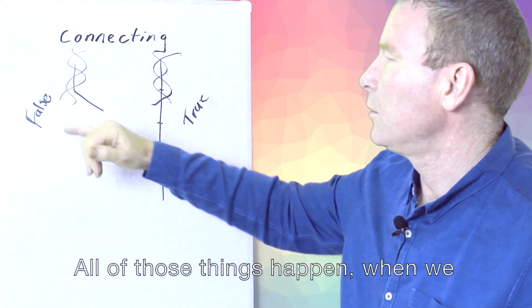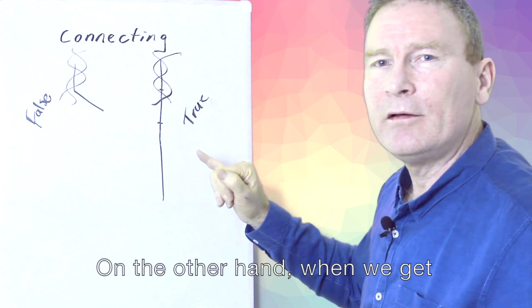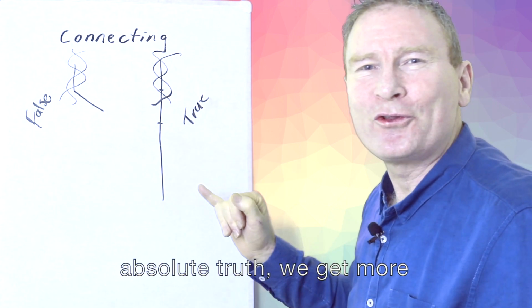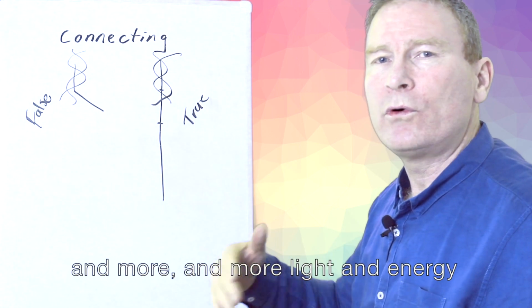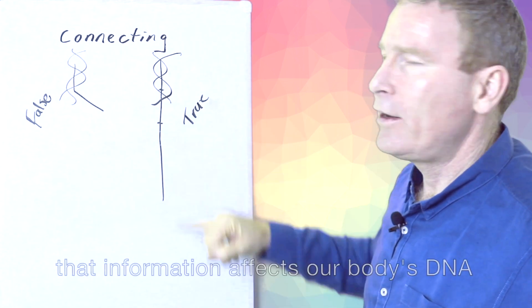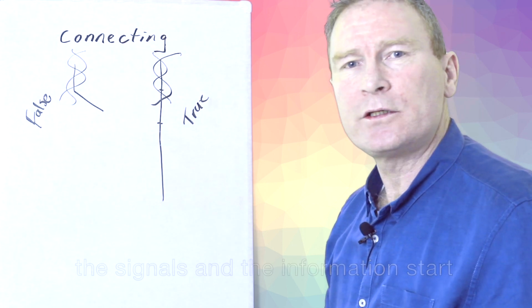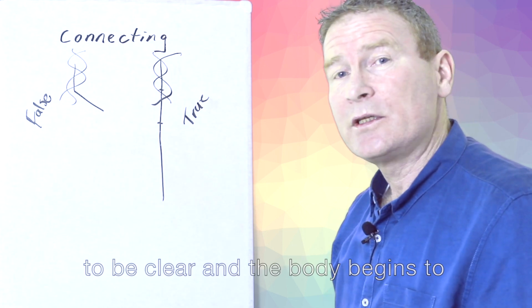All of those things happen when we start believing things that are false. On the other hand, when we get absolute truth, we get more and more light and energy in our bodies. And of course, that information affects our body's DNA, the signals and the information start to be clear, and the body begins to heal itself.